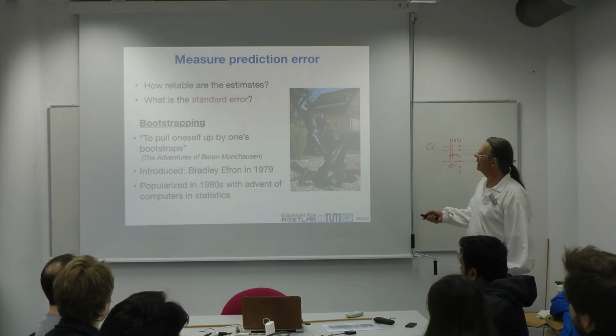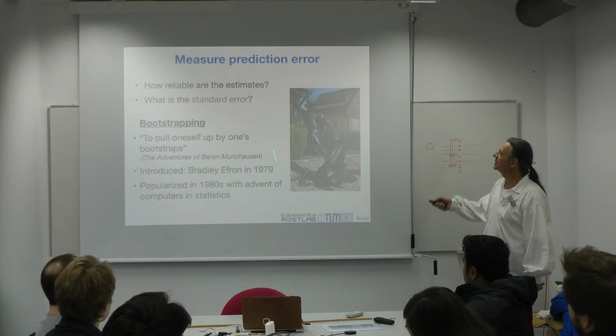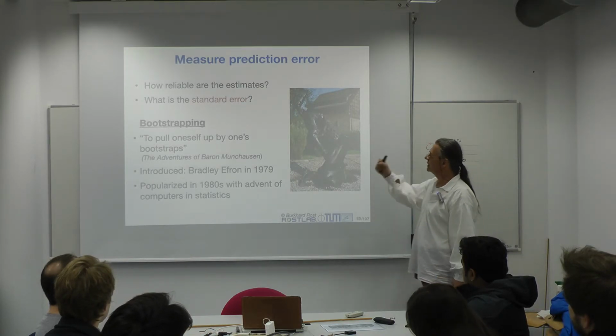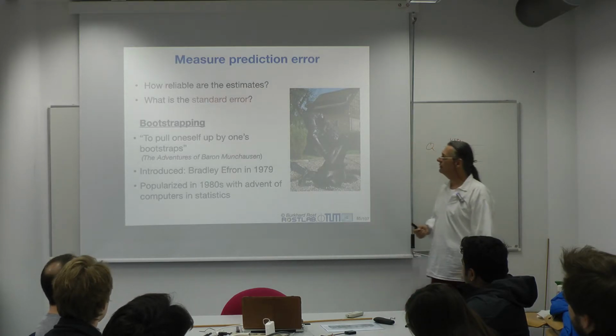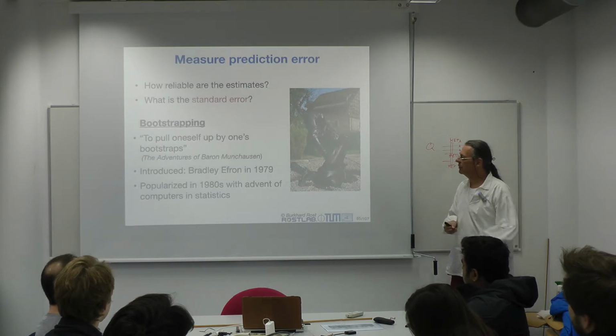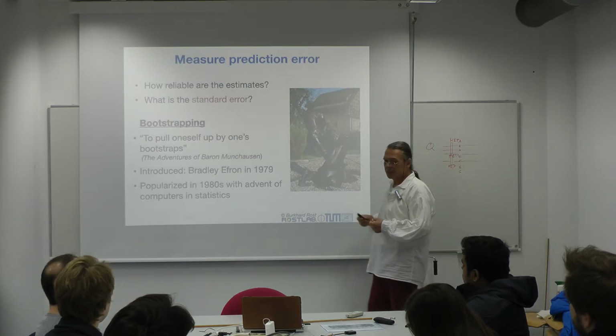And the bootstrapping idea really, some of you may know this character Münchhausen here, who pulls himself and his horse out of the swamp by his hair, conveniently. The method comes from Bradley Efron, and in some sense is really like that.